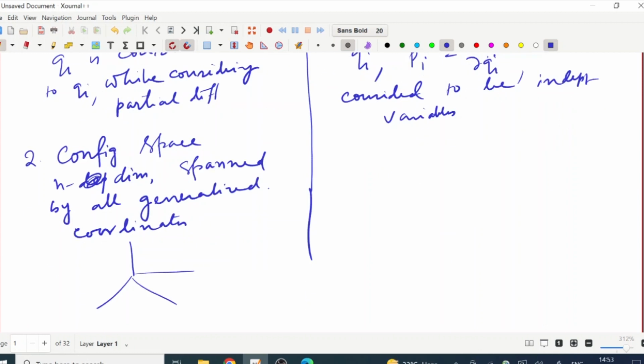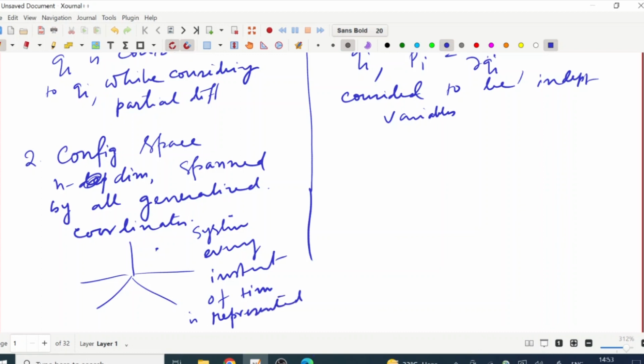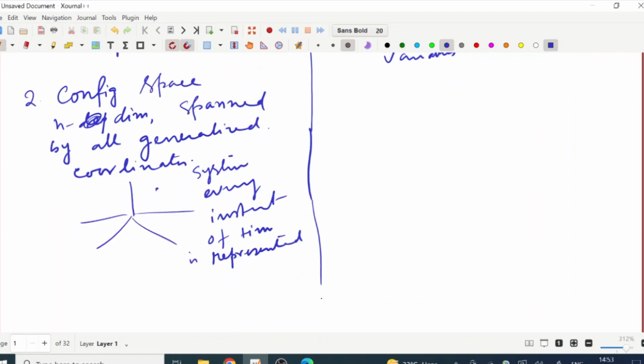The system at every instant of time is represented by a point in the configuration space.